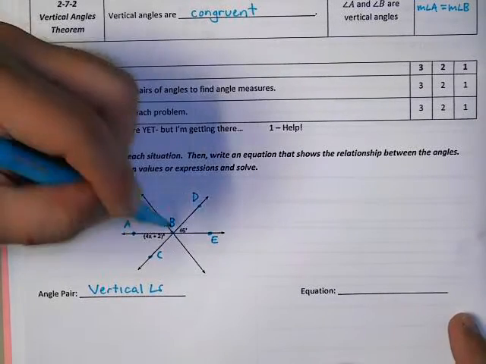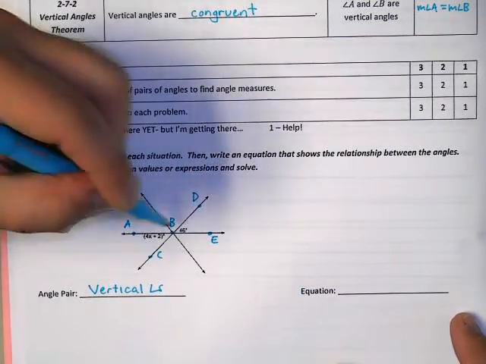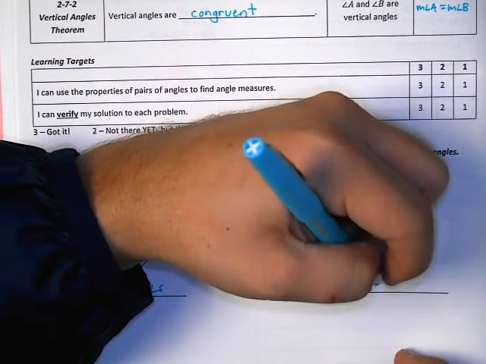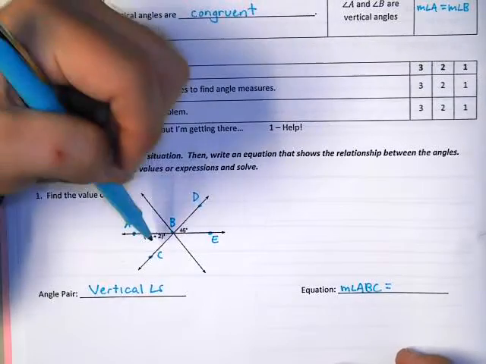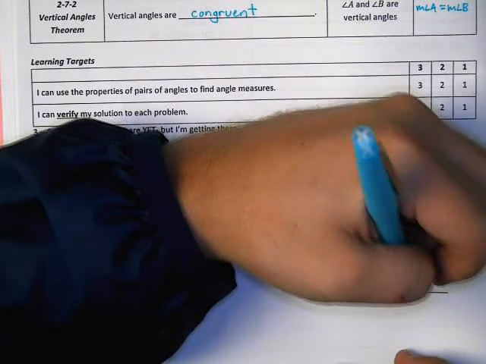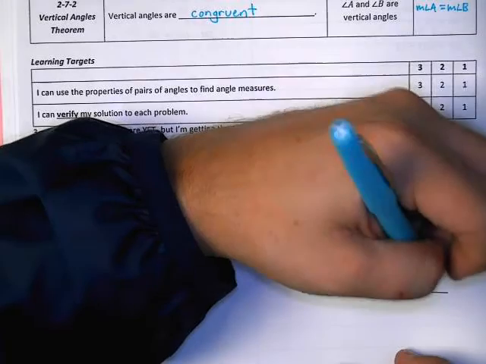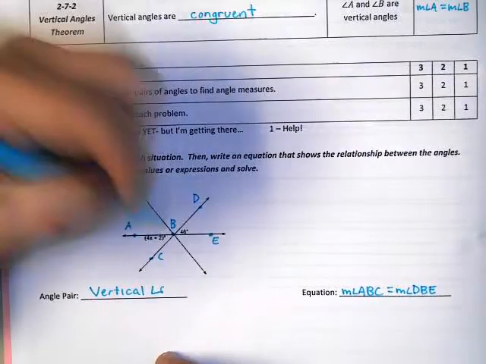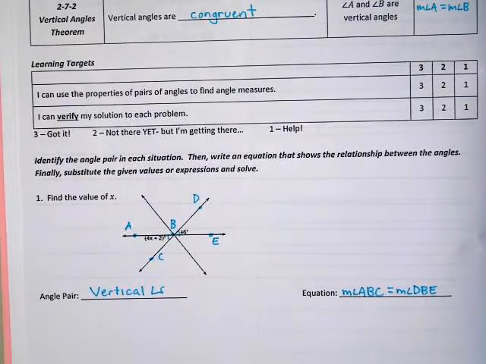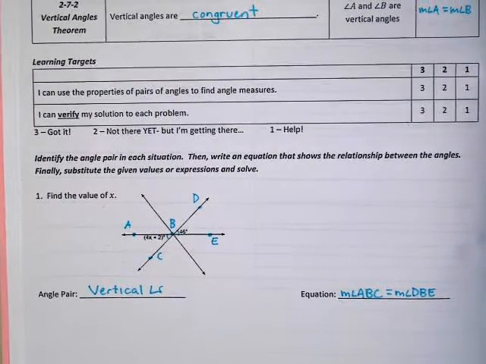Because now I can see that I'm talking about this angle over here, measure of angle ABC. And I know it has to be exactly equal to the angle across from it, or DBE, so measure of DBE, because vertical angles are congruent. So I should also put in some little arc marks so I know that those angles are going to be congruent.